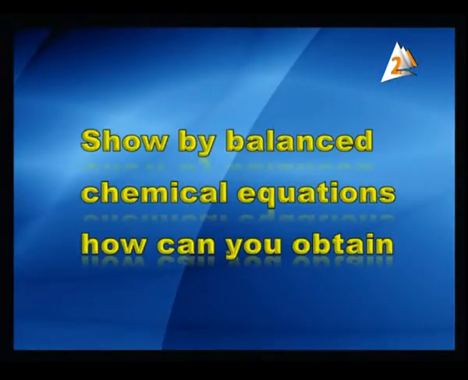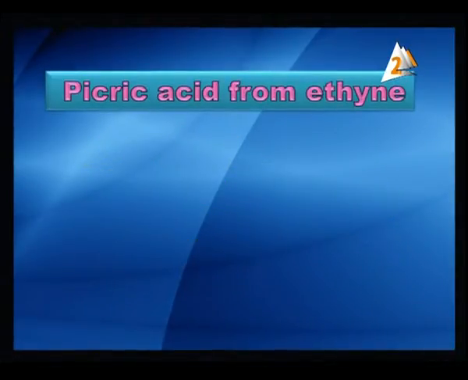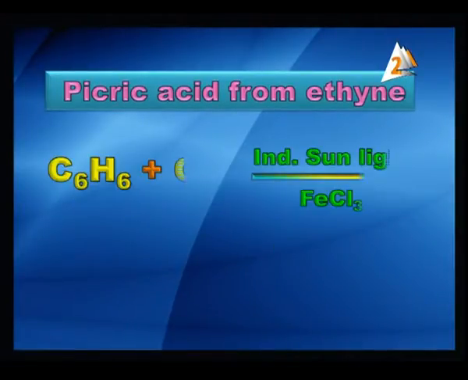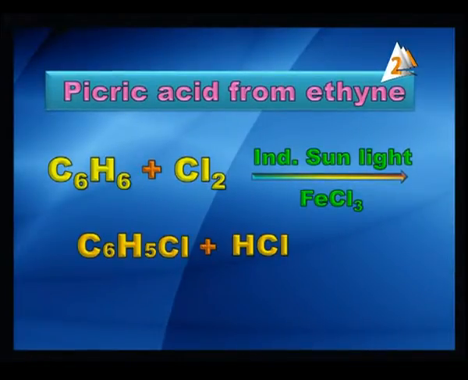Next type of question. Show by balanced chemical equation how you can obtain picric acid from ethyne. Here, on trimerization of ethyne in a red hot nickel tube, it gives benzene. Then benzene reacts with chlorine in indirect sunlight in the presence of iron 3 chloride, giving chlorobenzene and hydrogen chloride.